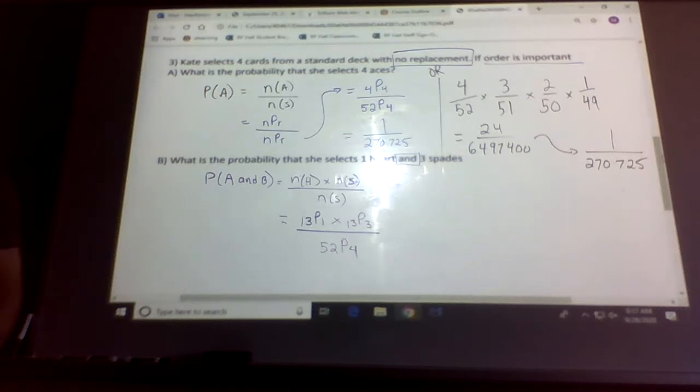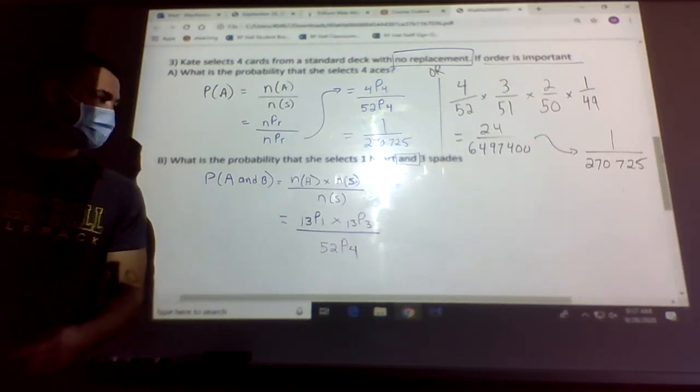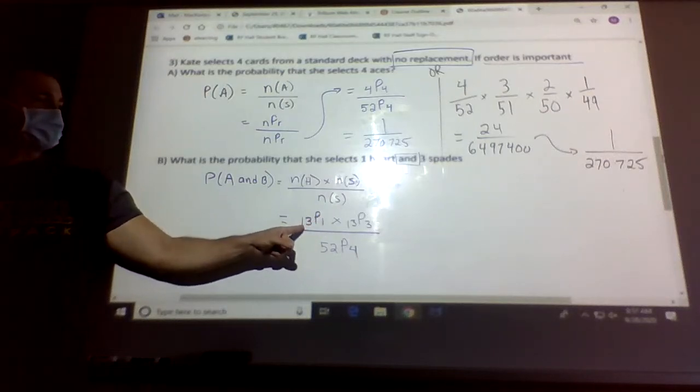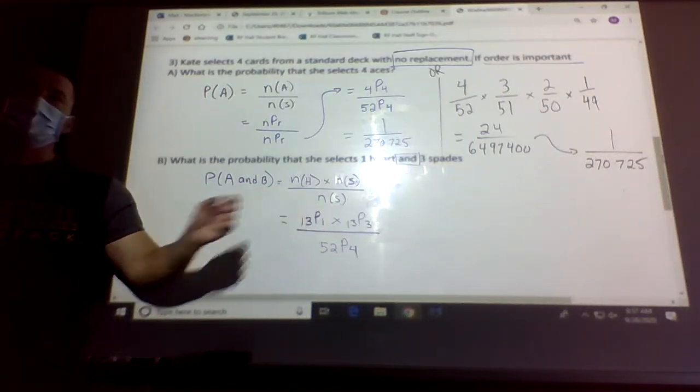Okay, so we're going to plug this into a calculator. By the way, anytime it's 13p with a 1, it's 13. So 13p1 is 13, by the way.